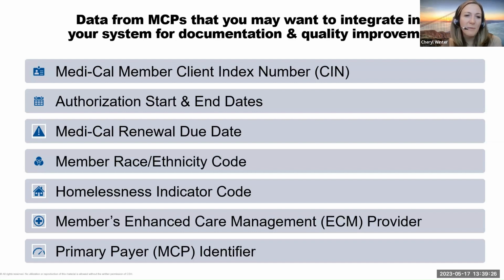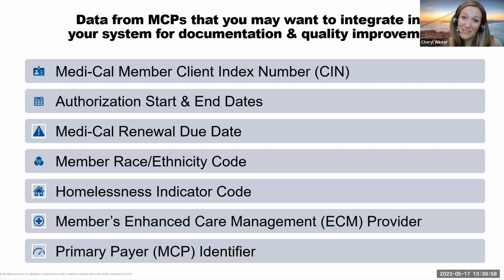We talked some about quality improvement and ensuring that there's race equity in how we deliver services. As managed care plans have to track and share member race and ethnicity with you, they're doing it through a code system that is included in the guidance. So a number of these things use codes: a number or a word that the state has decided that all plans will use the same thing. This might be different from how you're currently tracking it.